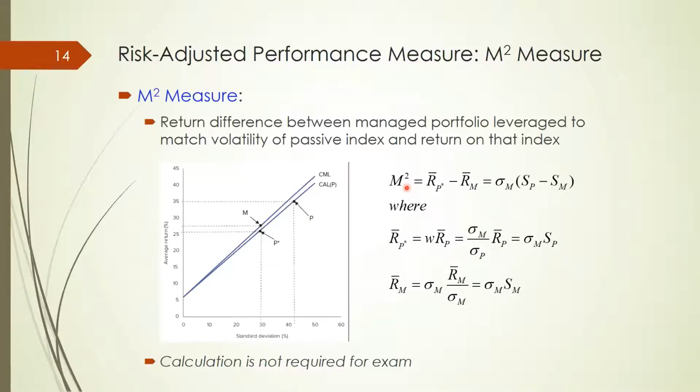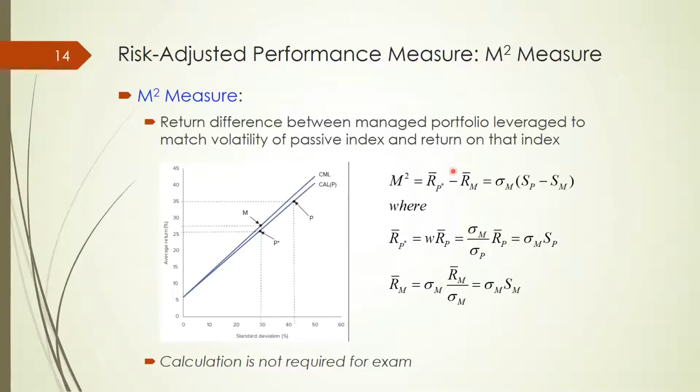Therefore, M squared is defined as the average return of P star, which is the matching portfolio to M based on the volatility by deleveraging P, minus the return of M, the market portfolio.